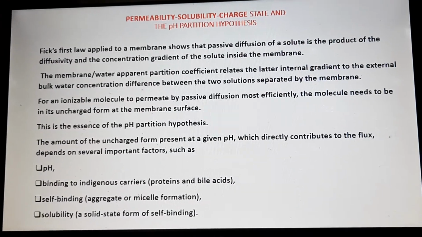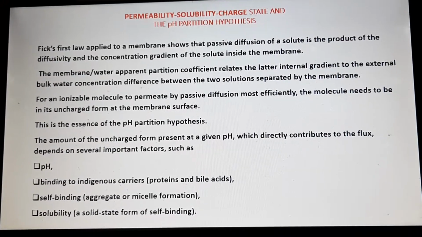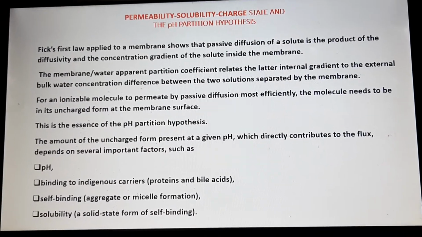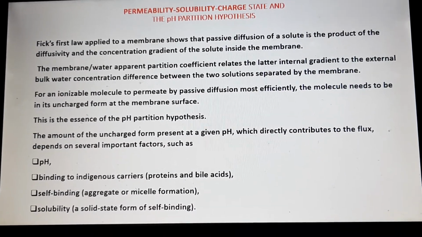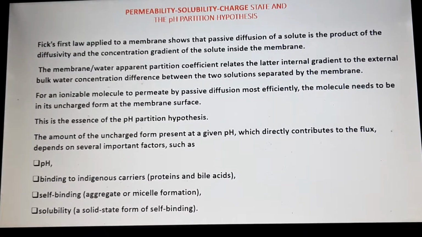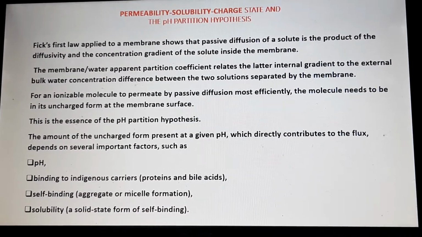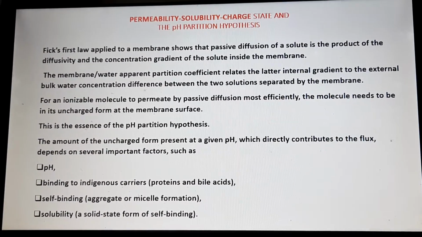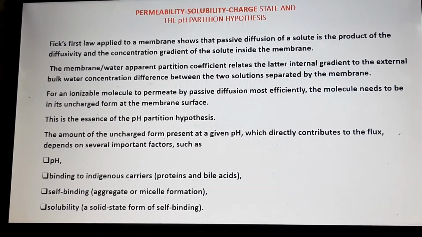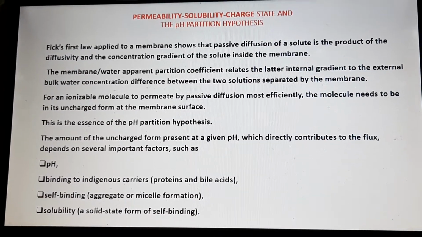The amount of uncharged form which is present at the given pH, which directly contributes to the flux, depends upon so many factors. A few of them are the pH of the environmental condition where the transport is going on, binding to indigenous carriers like proteins and bile acids, self-binding, which is also due to aggregation or micelle formation, and most importantly the solubility of the solid state form of that drug.